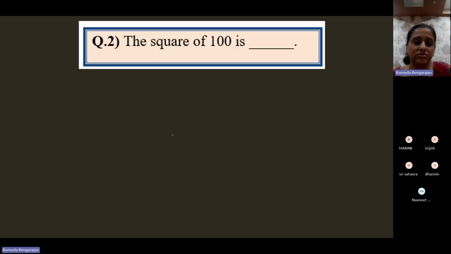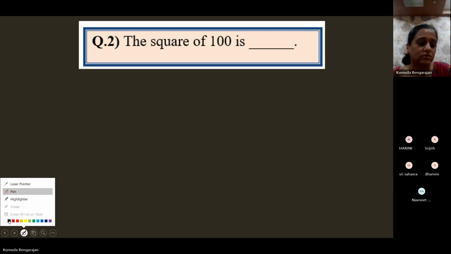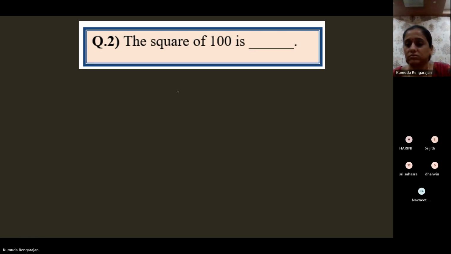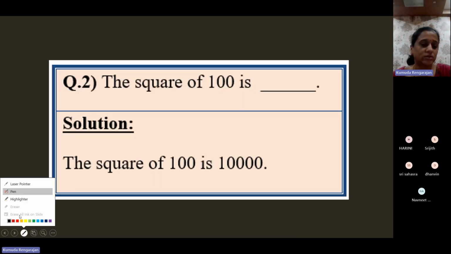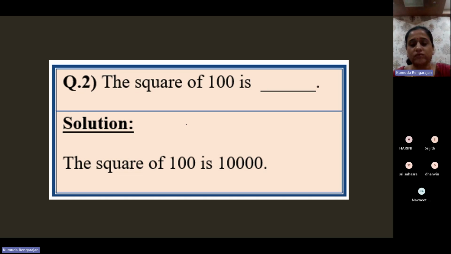The square of 100 is? Ma'am, 10,000. The square of 100 is 10,000. The square of 100 meaning 100 squared. The square root of 100 is 10.